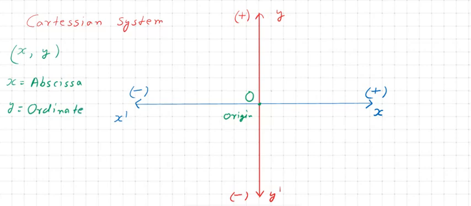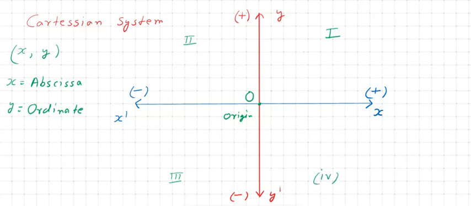It means first we have to write the x coordinate, then the y coordinate. In the Cartesian plane, beta ji, there are four quadrants. This is known as the first quadrant, this is the second quadrant, this is the third quadrant, and this is the fourth quadrant.